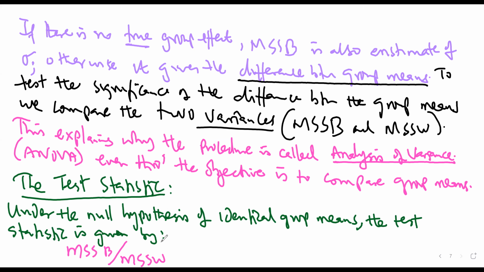You divide those mean sum of squares. The between one is the one that goes to the numerator.